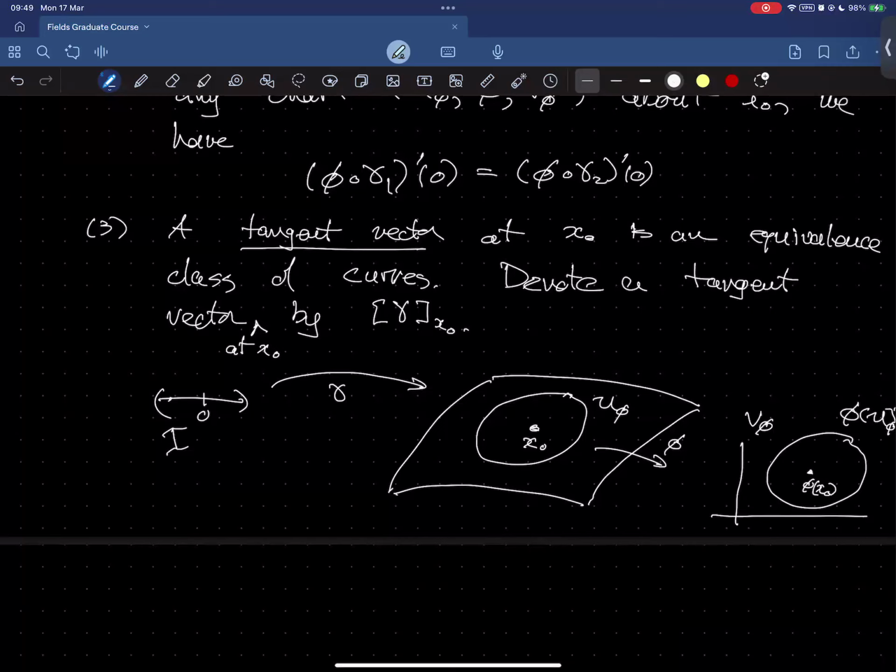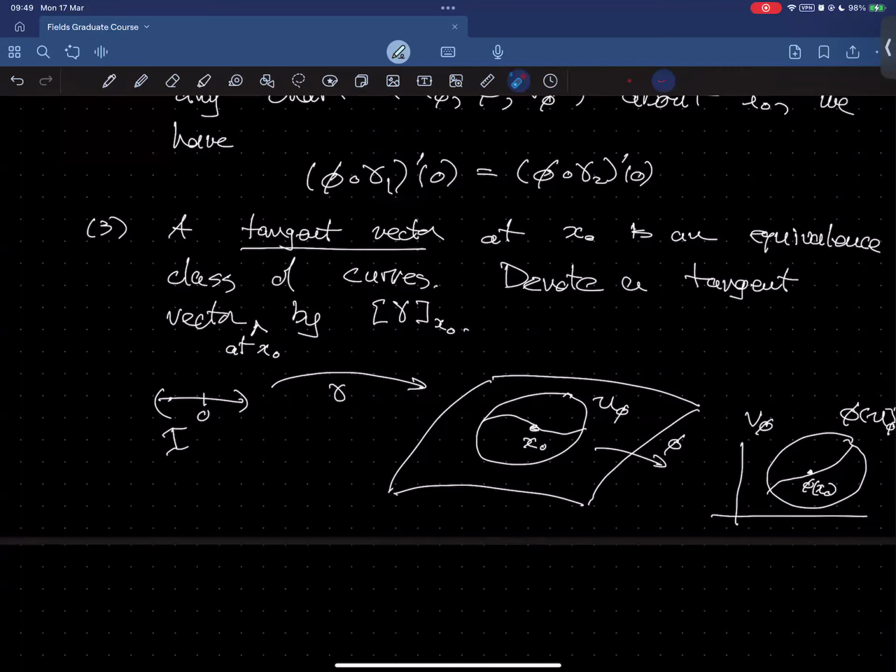So my curve maybe looks something like that, whatever the curve looks like in U phi. And then down here, that curve is going to look like whatever it's going to look like. But the thing I'm interested in is that.